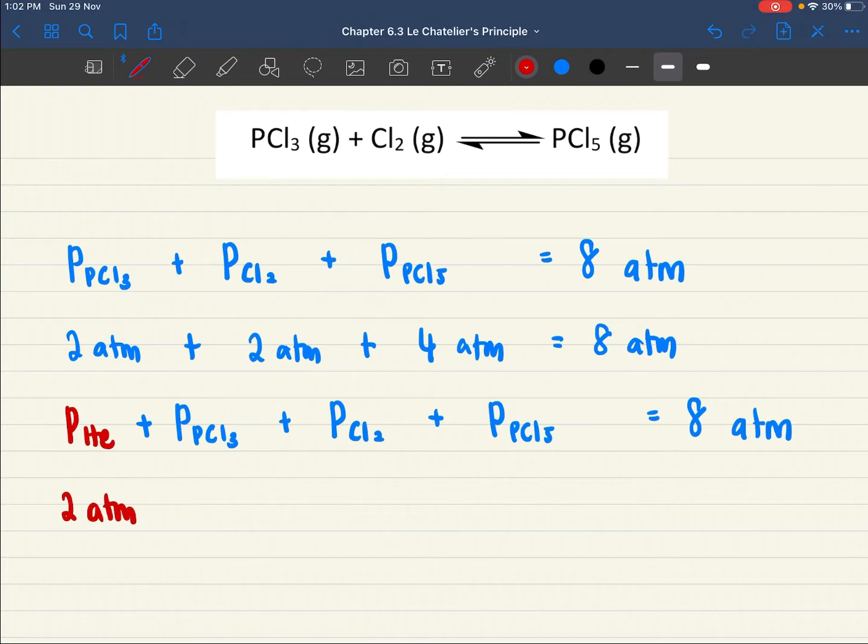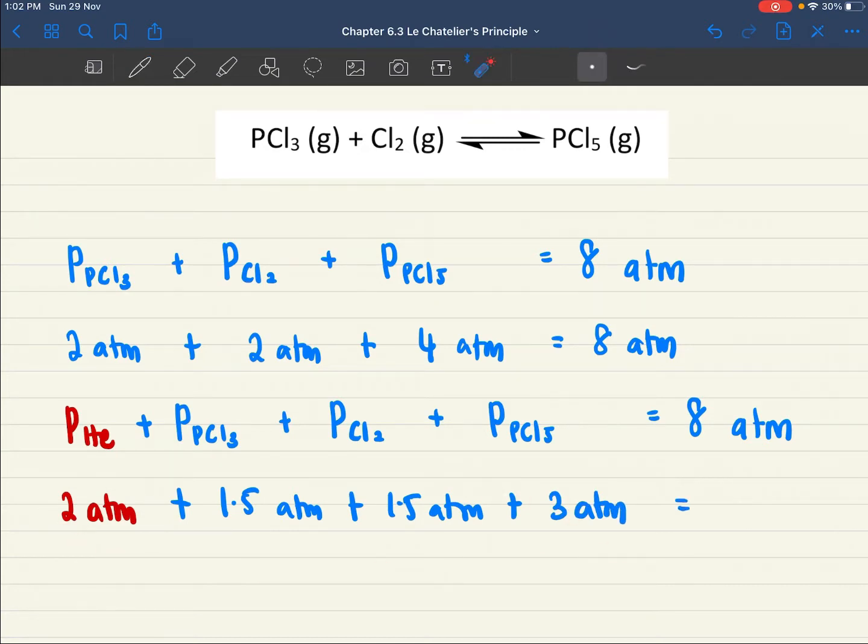Okay, so partial pressure of PCl3 dia dah tak boleh 2 atm lah. So maybe dia 1.5 atm. Cl2 2 atm tadi mungkin 1.5 atm juga, and then partial pressure for PCl5 maybe 3 atm. So that when we add them up, okay, 3 tambah 5 tambah lagi 3, so jadi 8 atm. Okay, so hopefully kamu boleh nampak.